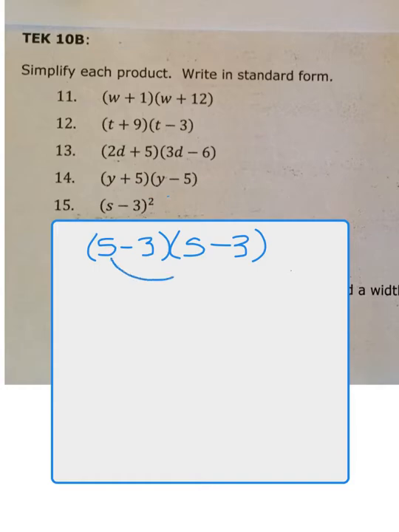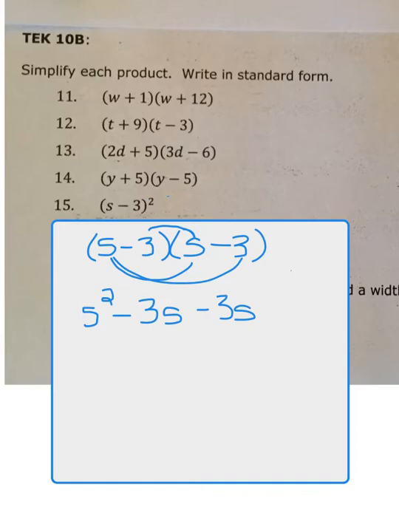So s times s is s squared. Sorry, those are s's, not 5's. And then s times negative 3 is negative 3s. Now the inner, negative 3 times s is going to be negative 3s.